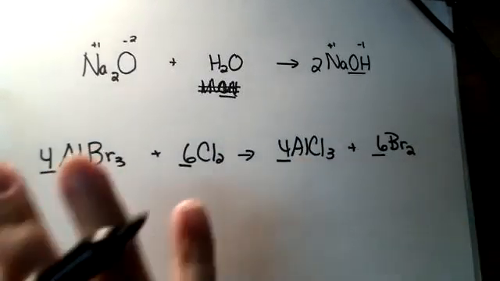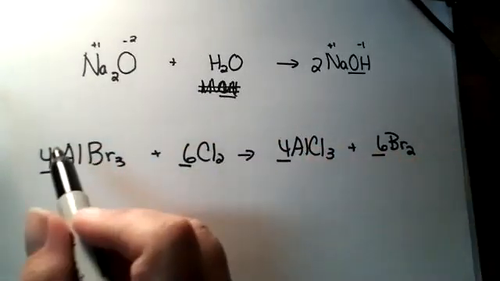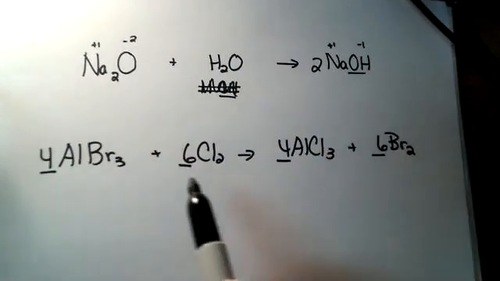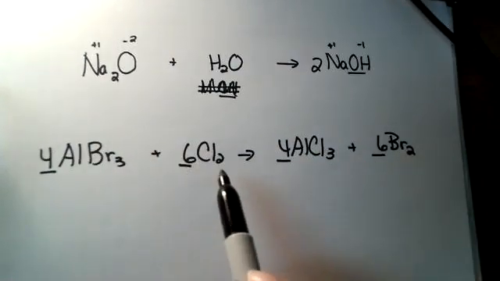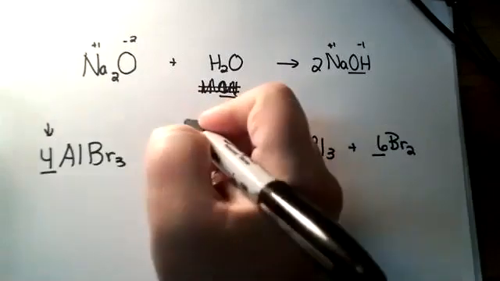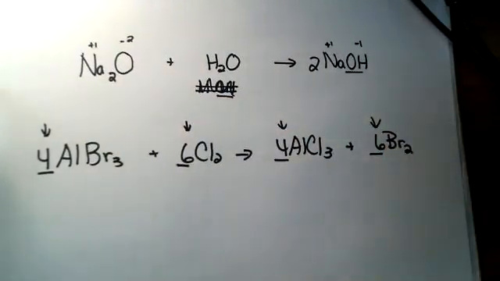Now, if I work this one out, it's balanced. I've got 4 aluminum, 12 bromine, and then 12 chlorine and 12 chlorine. It's balanced. But notice 4, 6, 4, 6. What can I take out of those?